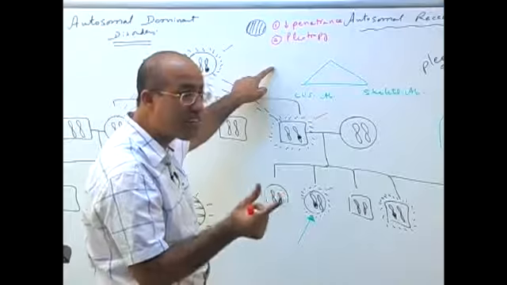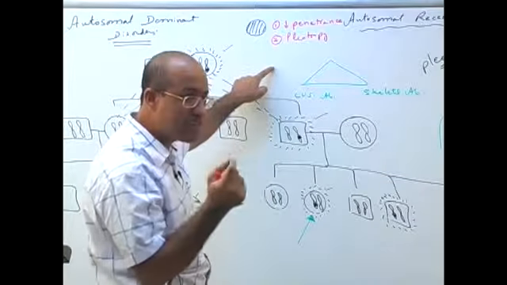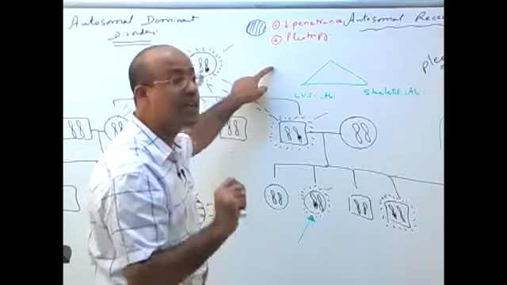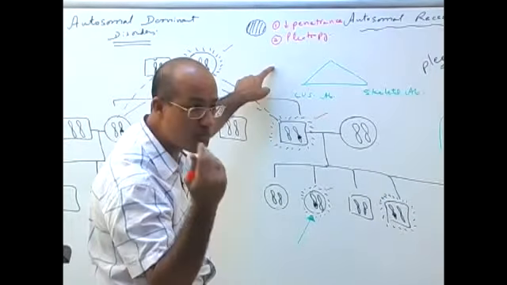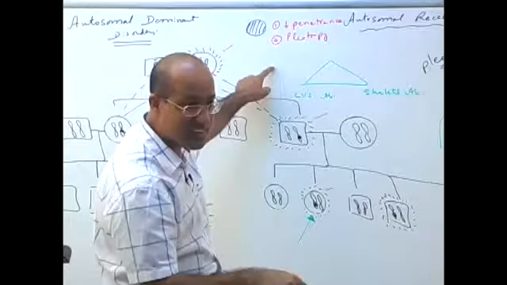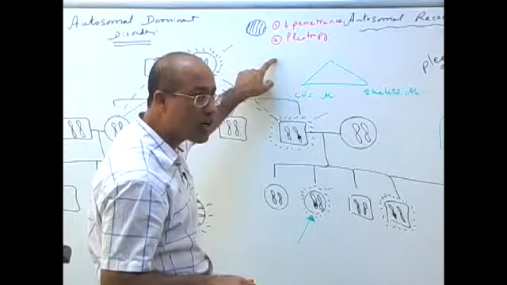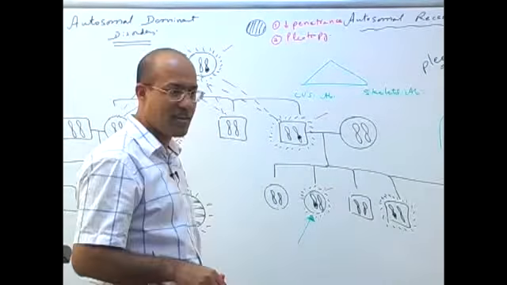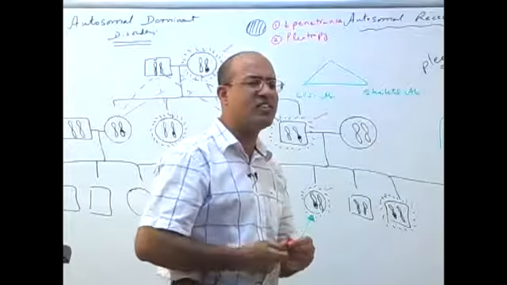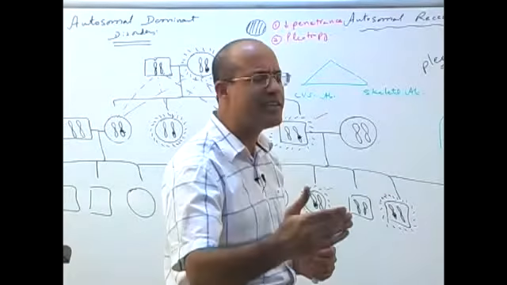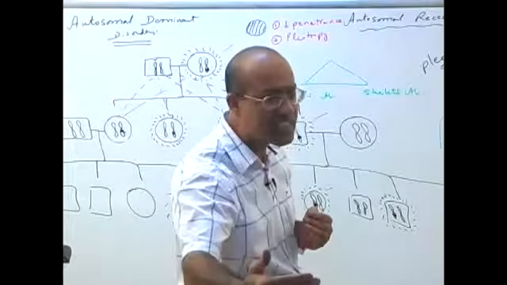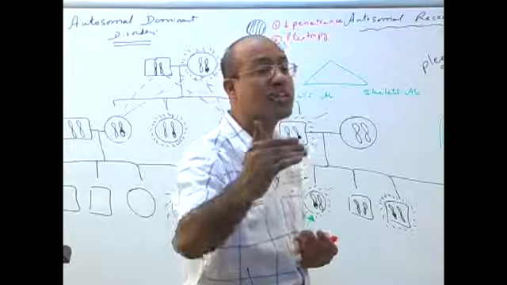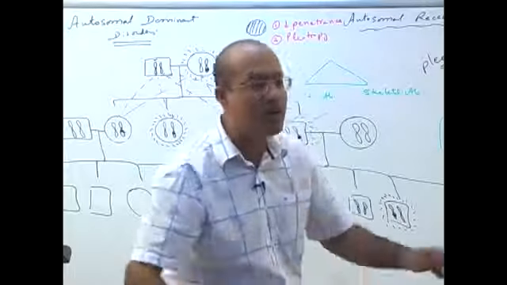Disease may express with different extent, at different age, with different severity. What is the term used for this? It is not anticipation. Anticipation is in trinucleotide repeat disorders, when generation after generation the disease process occurs more severe and earlier. I'm not talking about that.